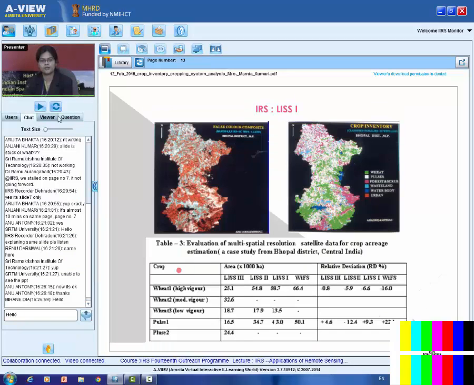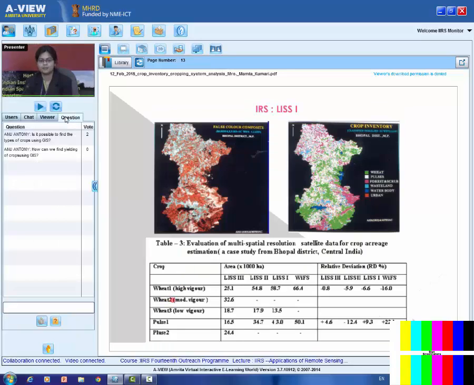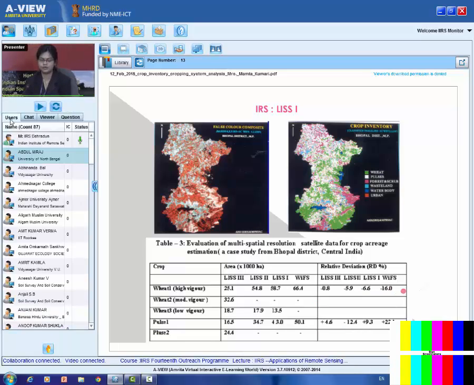So here I wanted to show you the relative deviations of the crop acreage. As we are using coarse resolution satellite data, our accuracy or relative deviation is increasing with respect to some standard or DES values. Like for wheat, for pulse, here we can see in all cases we have got the higher relative RD value in percentage if we are moving towards the coarse spatial resolution data.